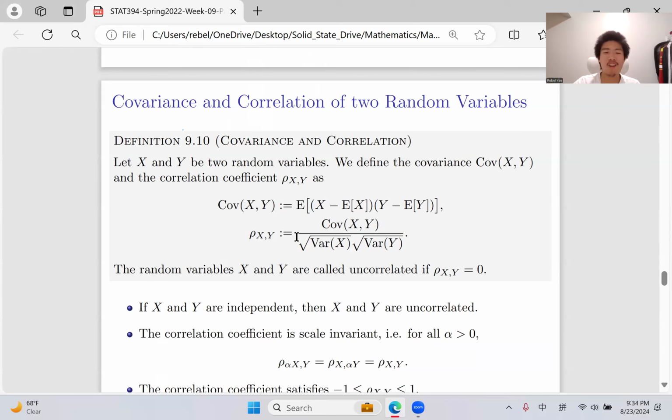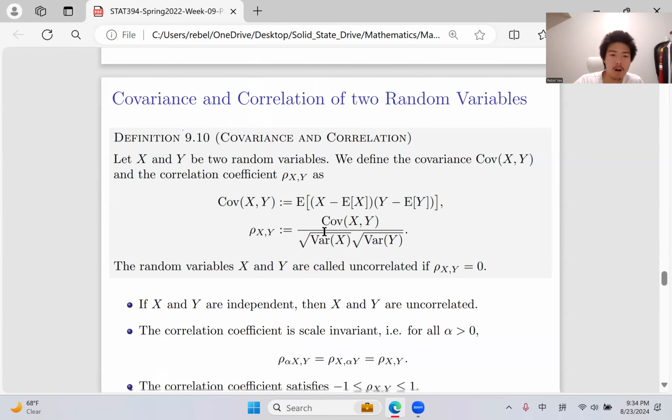Rho XY is equal to the covariance of XY divided by the square root of variance of X times the square root of variance of Y. We'll talk about this formula and how it's calculated in detail next summer. So here let's talk about some of its properties.